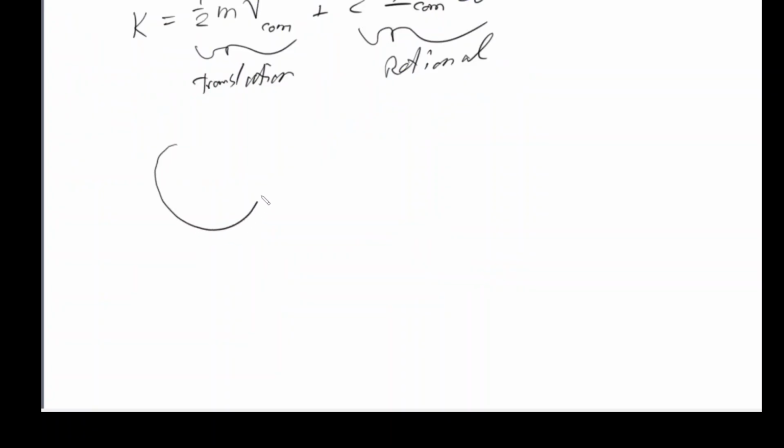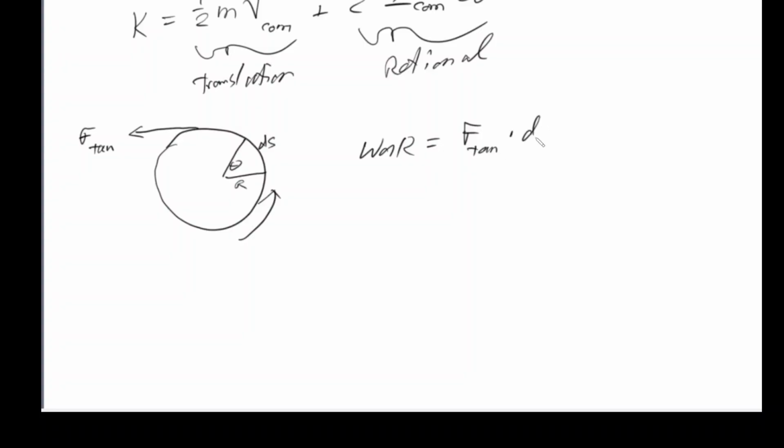So if we have a rolling wheel that moves through an angle theta, this is its radius, and this would be part of the segment, and we have a tangential force on that wheel, and it's rolling counterclockwise, so the force is positive. We know work is equal to force times the distance, in which case this would be ds, which is equal to the tangential force times r d theta.